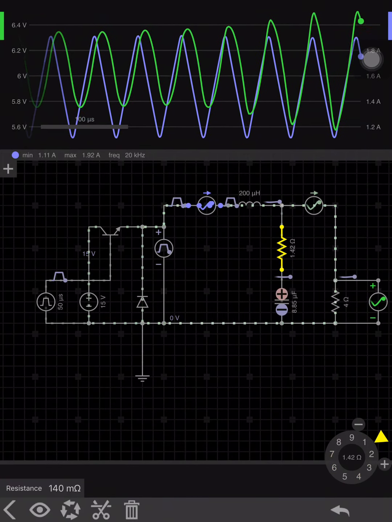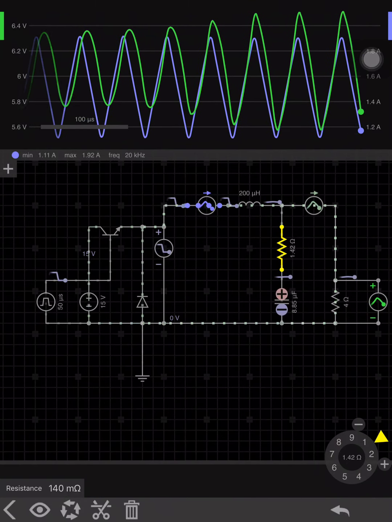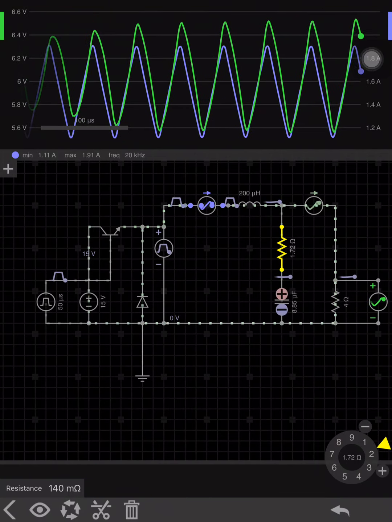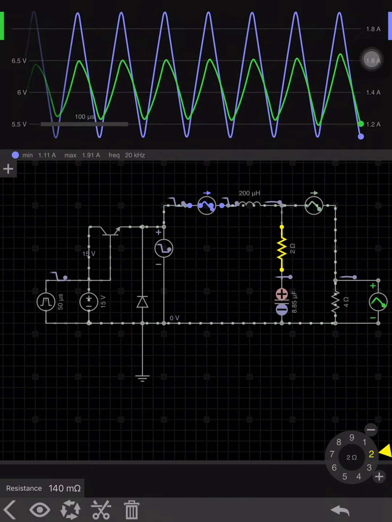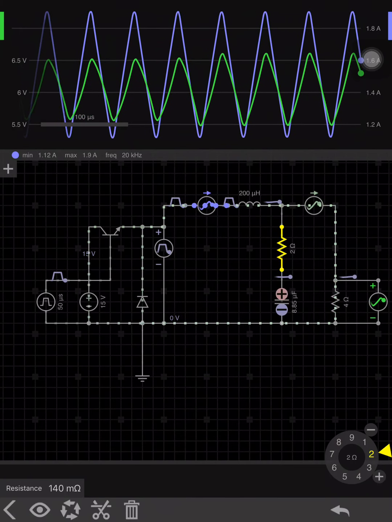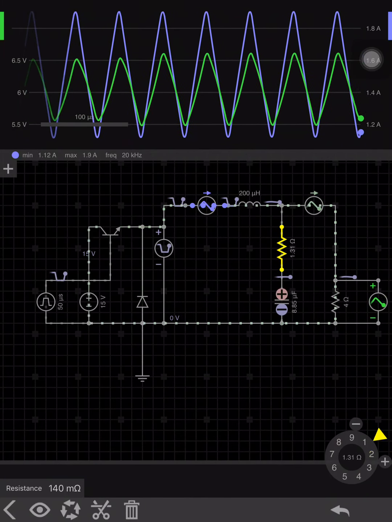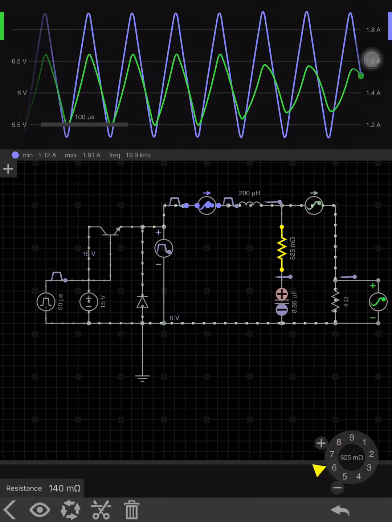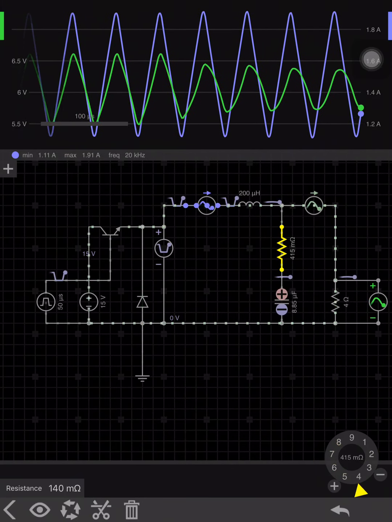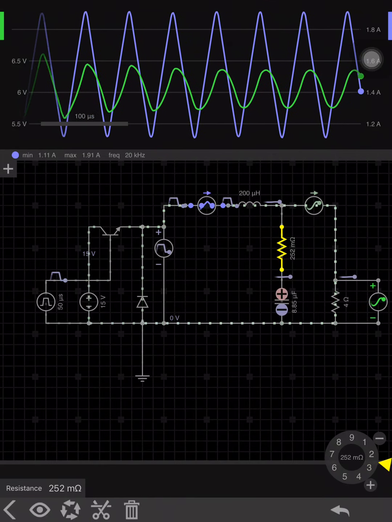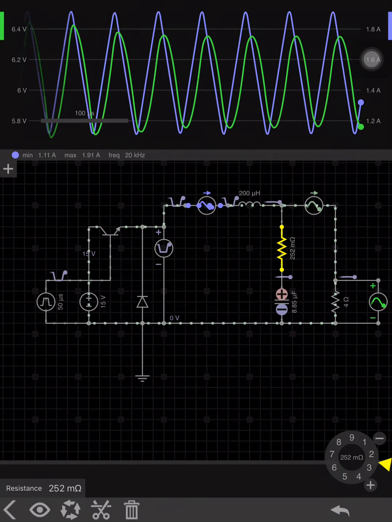First of all, the ripple voltage has increased since the drop has increased, and it is moving closer towards a triangular shape rather than a parabolic shape. If we reduce the resistance, it is closer to parabolic nature. So that is the end of this video.